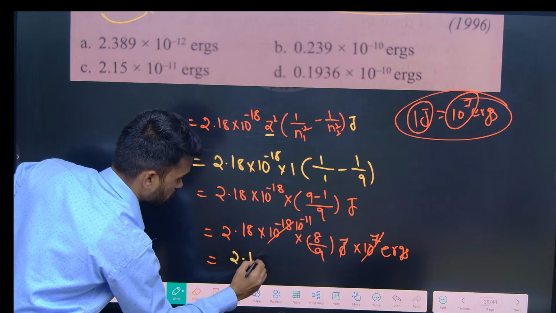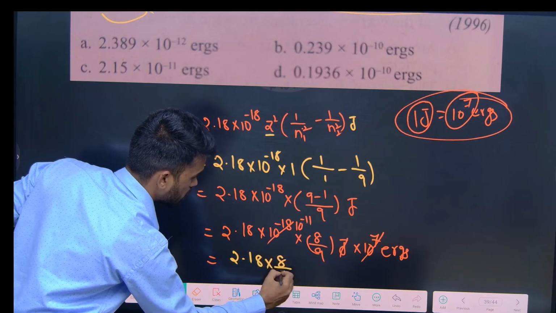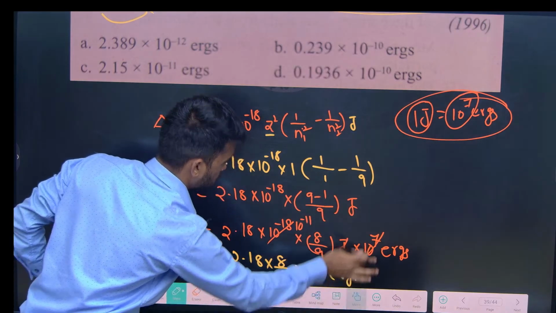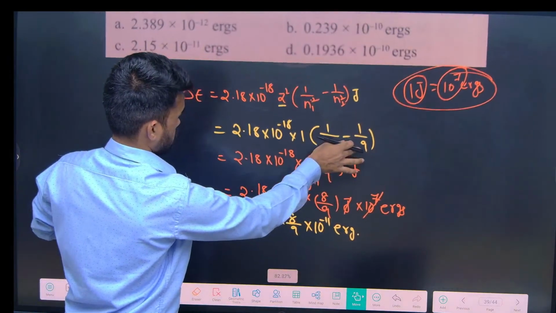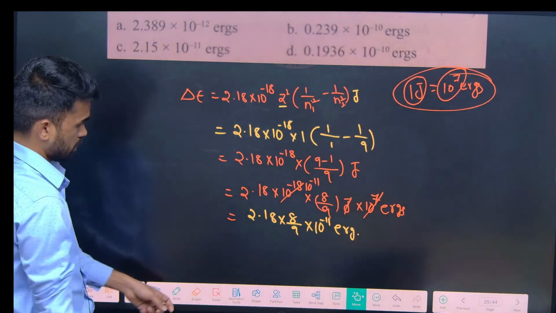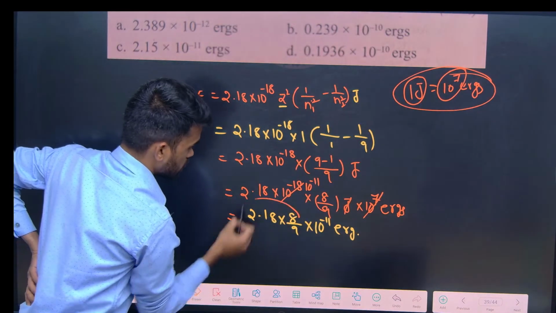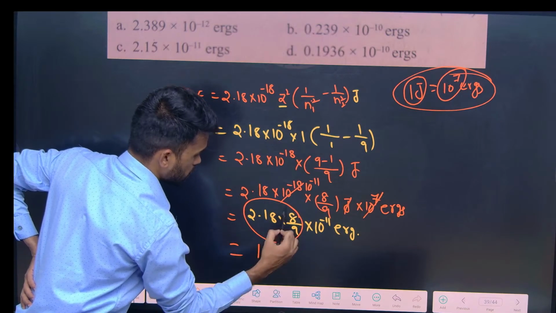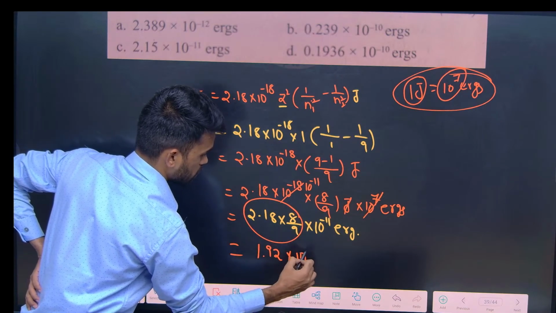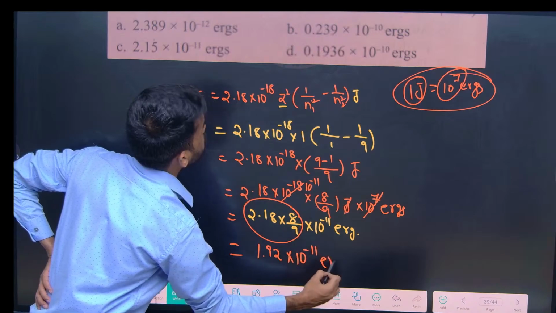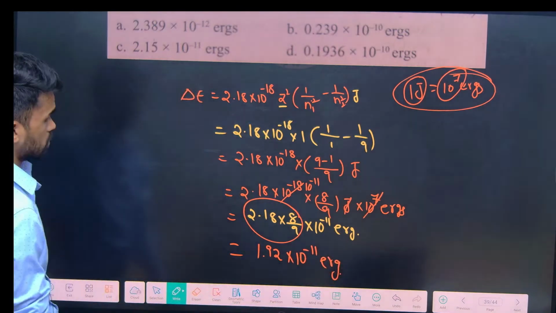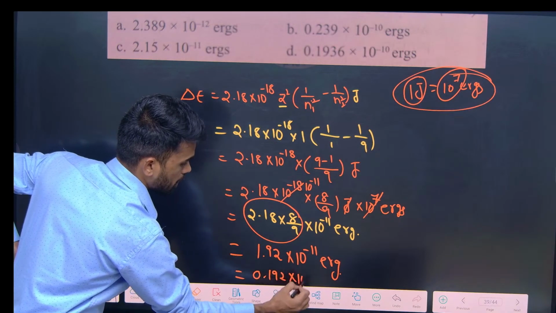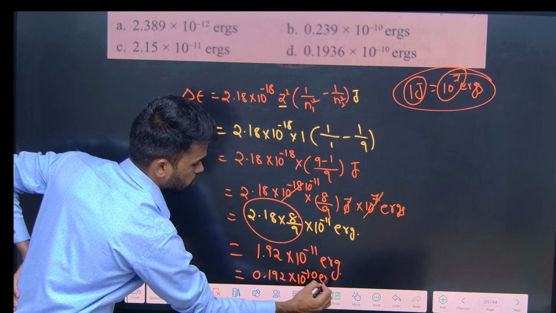So 2.18 into 8 by 9 into 10 power minus 11 erg. So how can we simplify this? So it will be around 1.92, 1.92 into 10 power minus 11 ergs. Then it will be 0.192. So you can write 0.192 into 10 power minus 10 ergs. Okay, that's it.